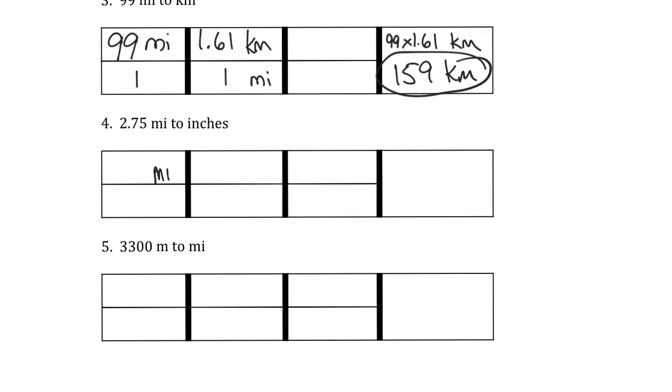We're going to start with miles, and let's get rid of miles and go to feet. And then we can get rid of feet and go to inches. Okay, and now we can just put in our numbers. 2.75 miles, throw a 1 down there. How many feet in a mile? 5,280 feet in 1 mile.